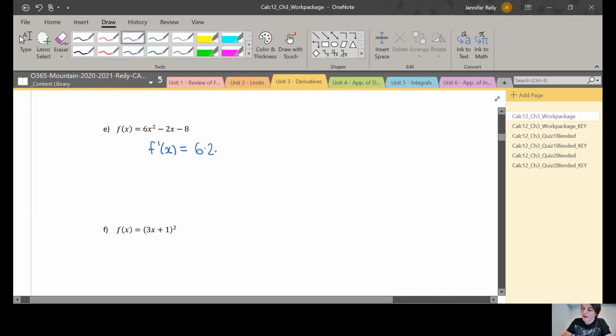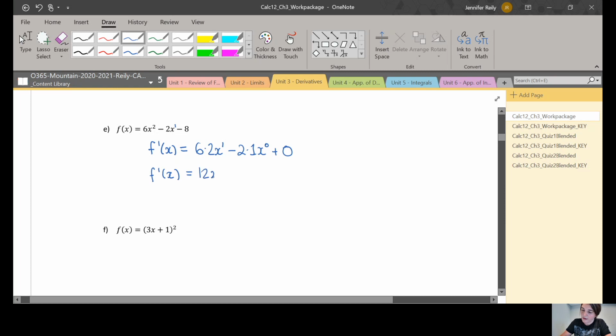For the x squared part, we bring the 2 down, reduce the power by 1. For 2x, remember x has a power of 1. So we still use the power rule. We're going to leave the 2 where it is. The 1's going to come down and we're going to reduce the power by 1. And for the 8, that's a constant, so the derivative is 0. We're going to clean this up a bit.